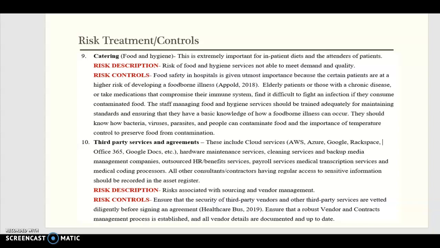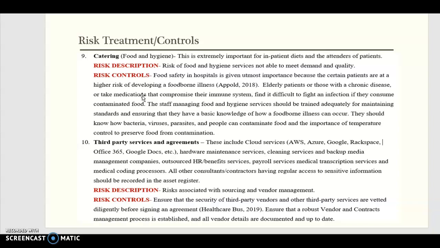For catering, there is a risk of food and hygiene services not being able to meet demand and quality. Food safety in hospitals is given utmost importance because certain patients are at a higher risk of developing foodborne illnesses.